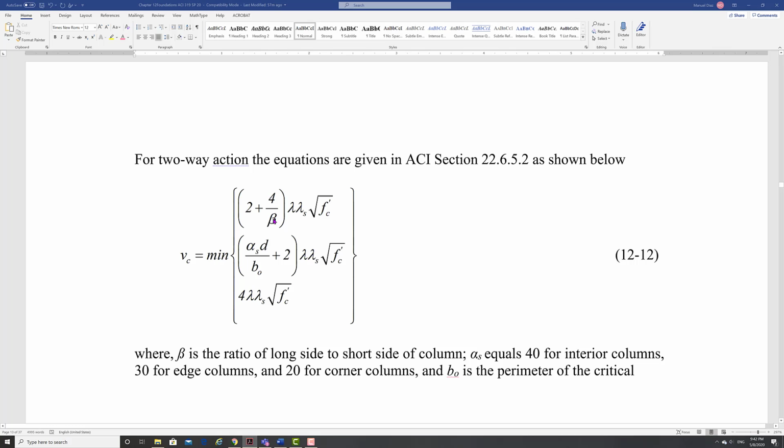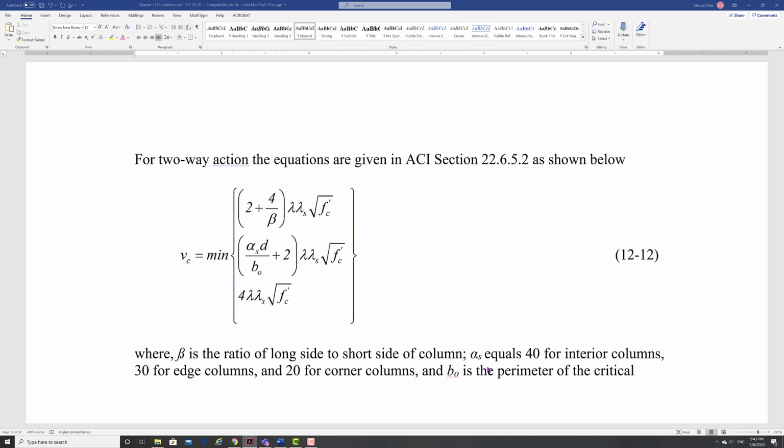So what is the beta? Beta is simply the ratio of the long side to the short side of a column in this case. It can also be the long side to short side of a footing or a wall. So beta is always long side over short side of a member.